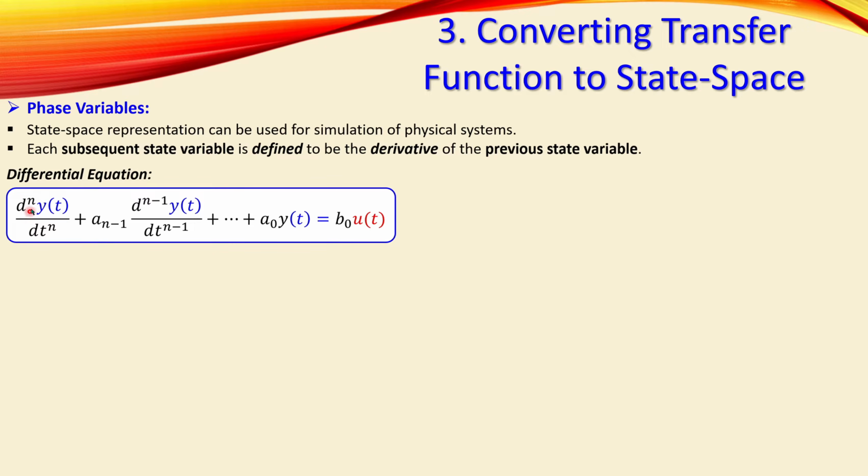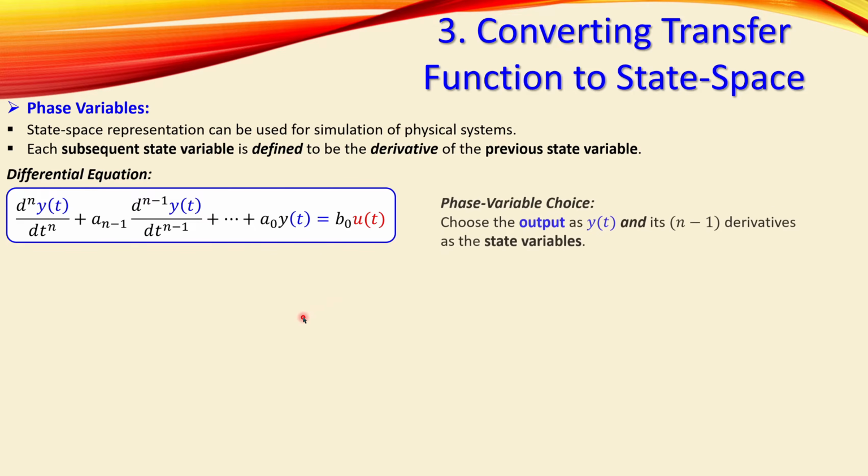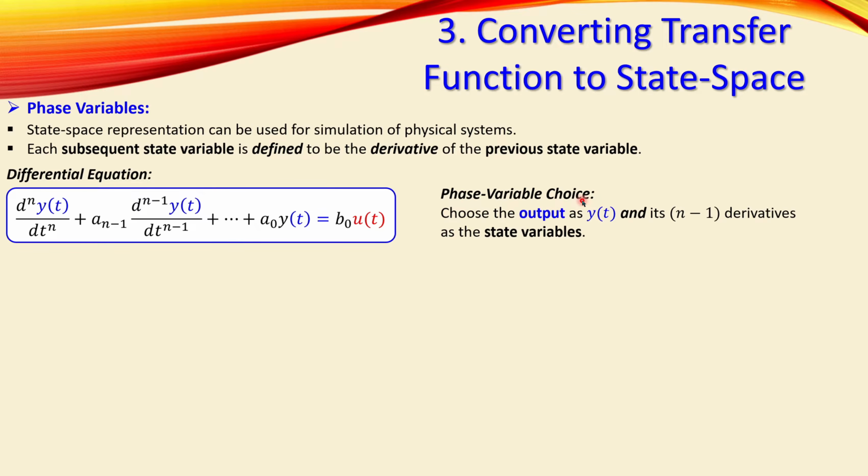So we have, let's say, an nth order differential equation with some specific input with the coefficient b0. Now, the phase variable choice in this case is then the output y(t), because that's the output, and its n-1 derivatives. That's actually how you choose the state variables mathematically written.